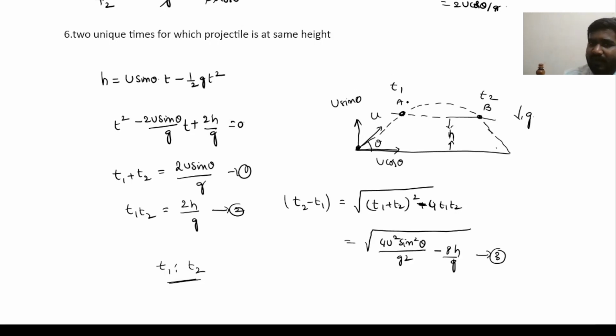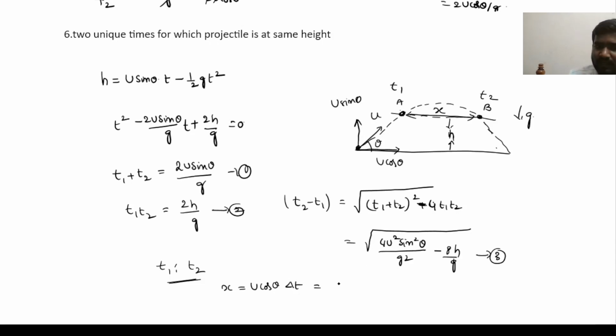Now, if you know the time difference and the horizontal distance between the two different points, take it as x. Then x equals the horizontal component of velocity, u cos theta, times the time difference.